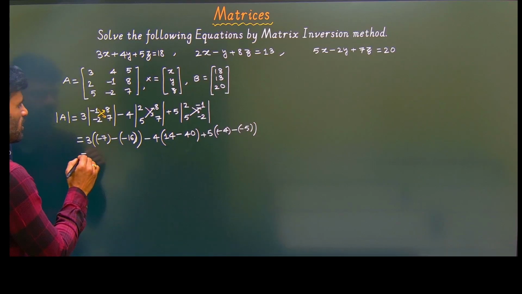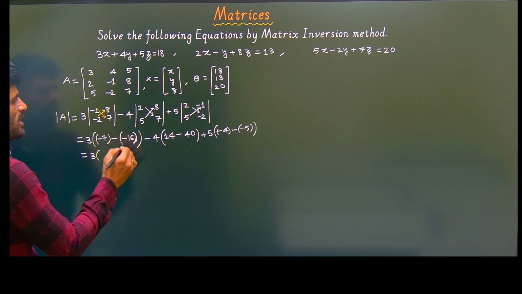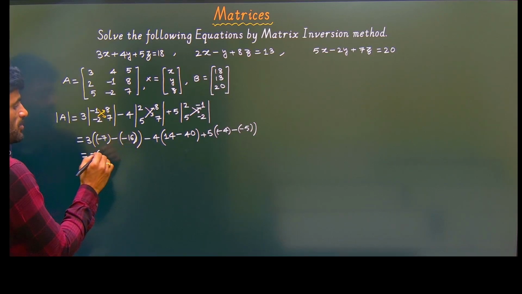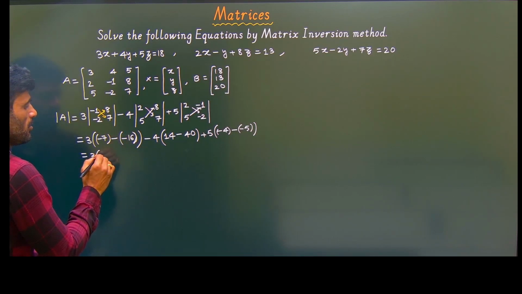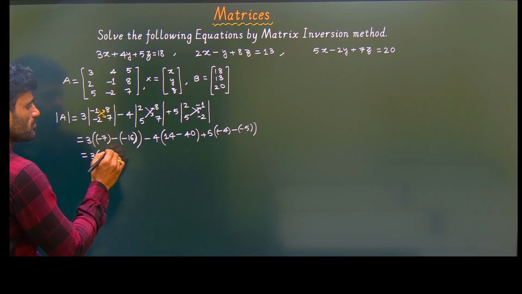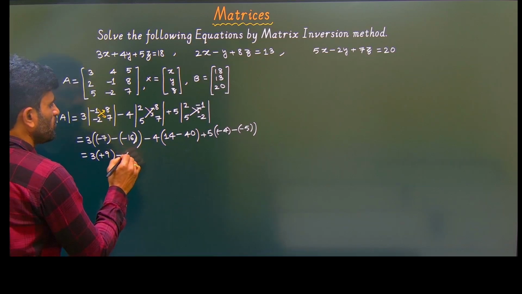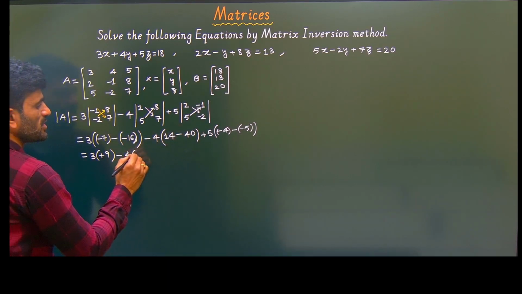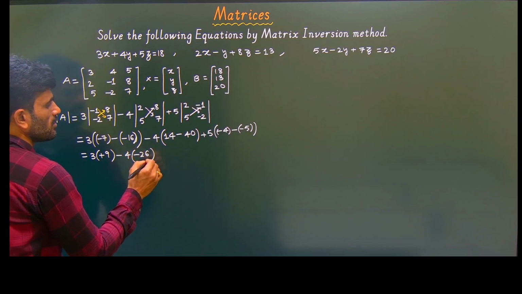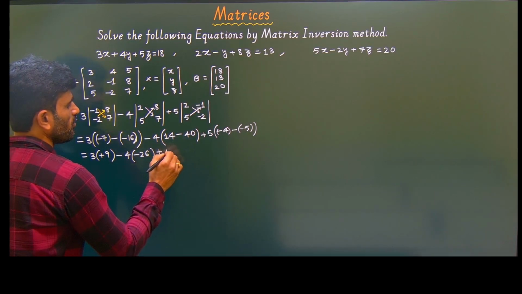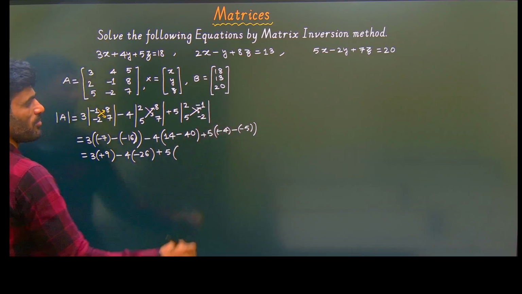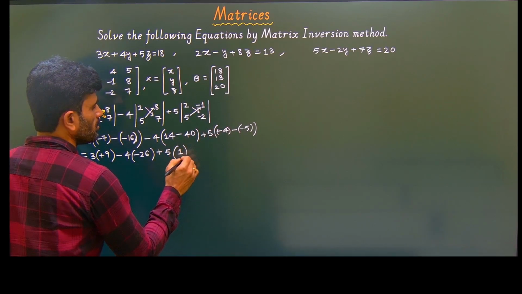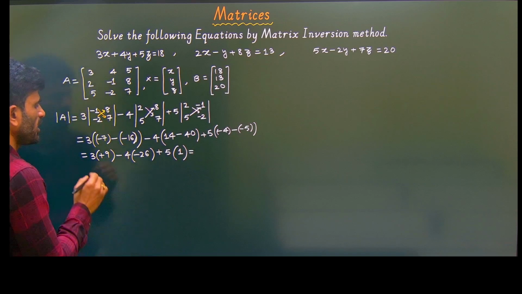So finally what do we get here? In the next step we get 3 of minus 7 plus 16. Minus 7 plus 16 is plus 9. So 3 into plus 9, minus 4 into 14 minus 40. 14 minus 40 is minus 26. Plus 5 into minus 4 minus of minus 5, which is plus 1, because minus 4 plus 5 is 1.